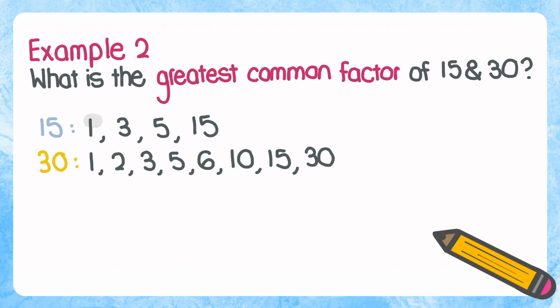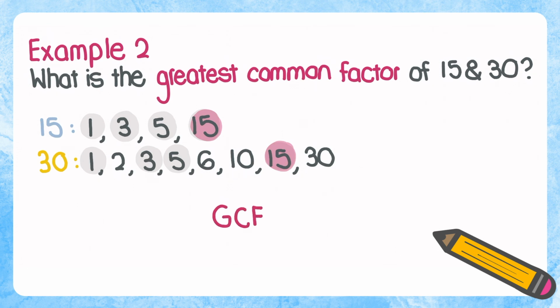Next, let's find what they share in common. So 1 is a common factor, so is 3, so is 5, and notice 15. Since 15 is the largest common factor, we know that this is our greatest common factor.